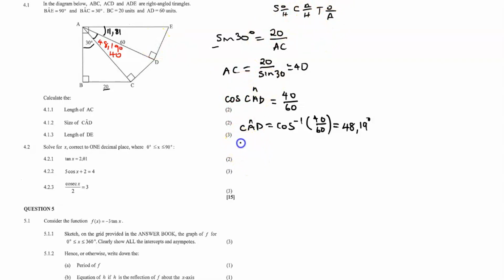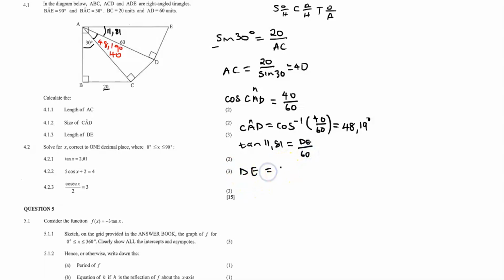So which one is the opposite and the adjacent? It's tan. So you just say tan 11,81 is equal to the opposite, which is DE, over the adjacent, which is 60, and then you find DE.